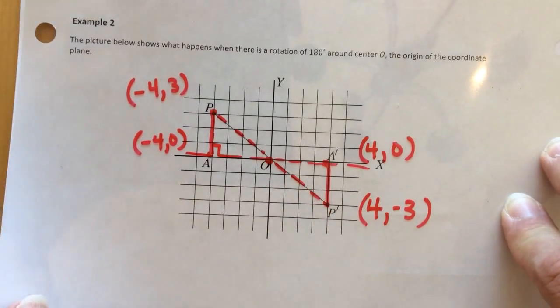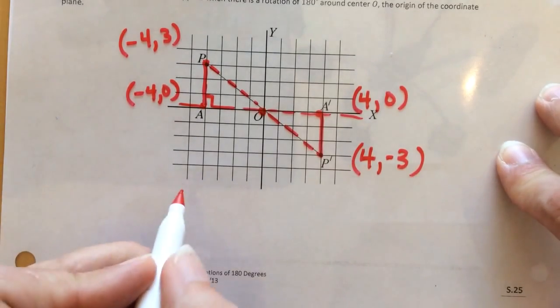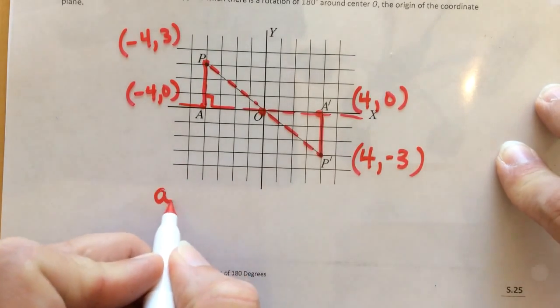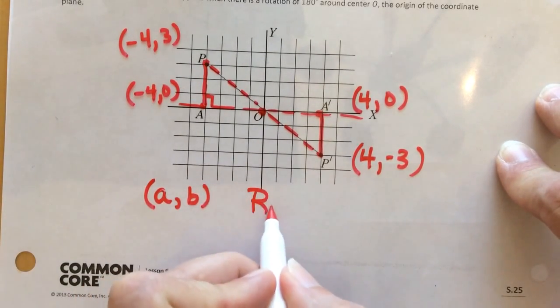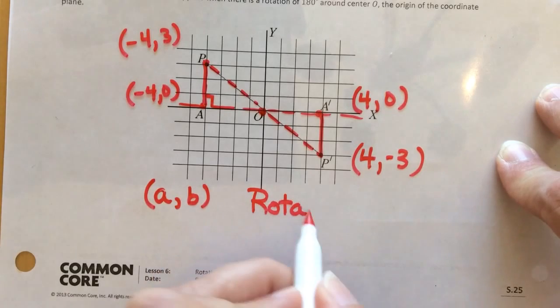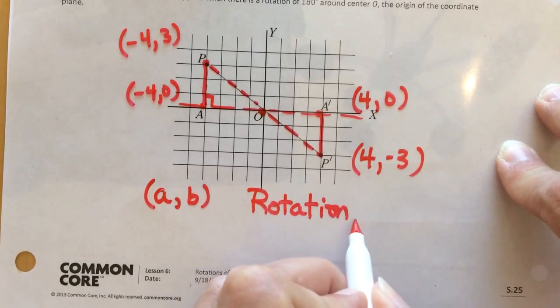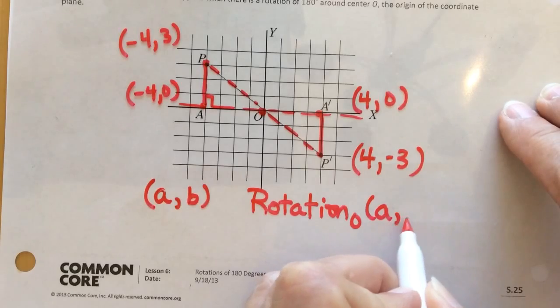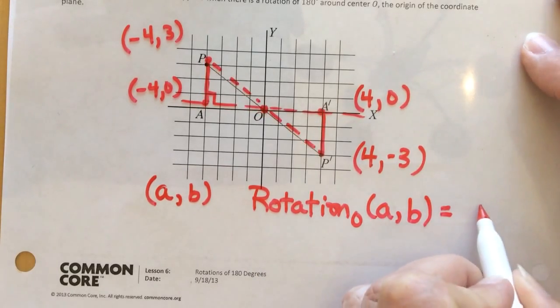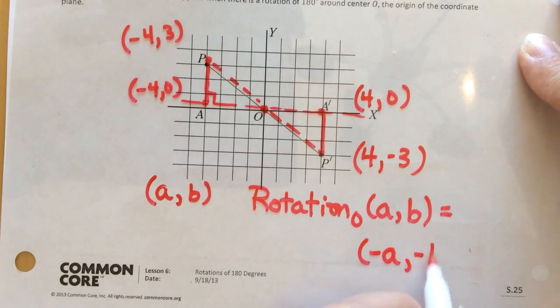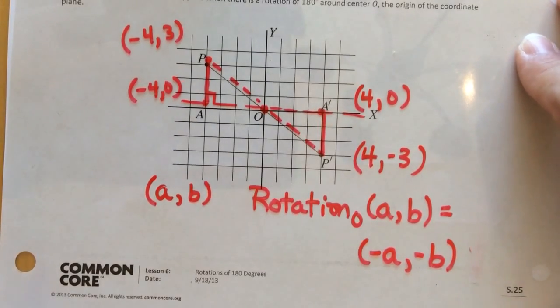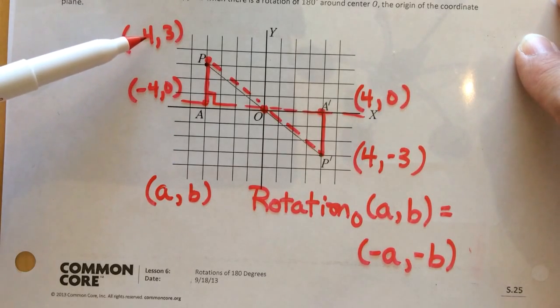So what we've proven here is that if I have a point (A, B) on the coordinate plane, and I'm going to use some notation here, the rotation around the origin of (A, B) is going to be the point opposite of A, opposite of B. All right, so if we look at our point P up here, A is -4.